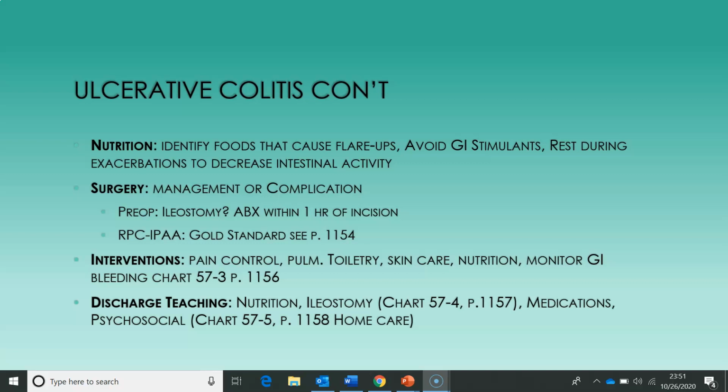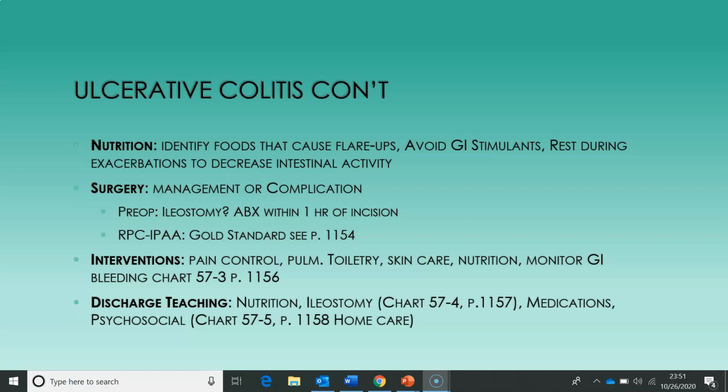For the non-surgical management of these patients, nursing interventions include decreasing the diarrhea. A major concern with these patients is the frequent bloody diarrhea and fecal incontinence. I spoke about that when I was talking about the psychosocial aspects of it. Non-surgical management includes nutrition therapy and physical and emotional rest. And then usually the surgical is the ileostomy.